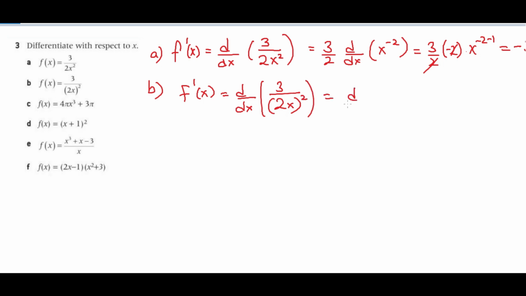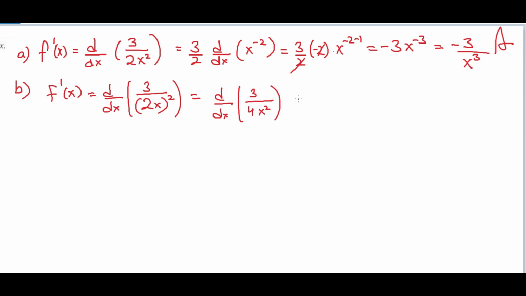When we solve this, we get 3 by 4x square. 3 by 4 is a constant which can come out, and x square in the denominator can be written as x to the power negative 2, which when differentiated with the same formula is 3 by 4 times negative 2 x to the power negative 2 minus 1.